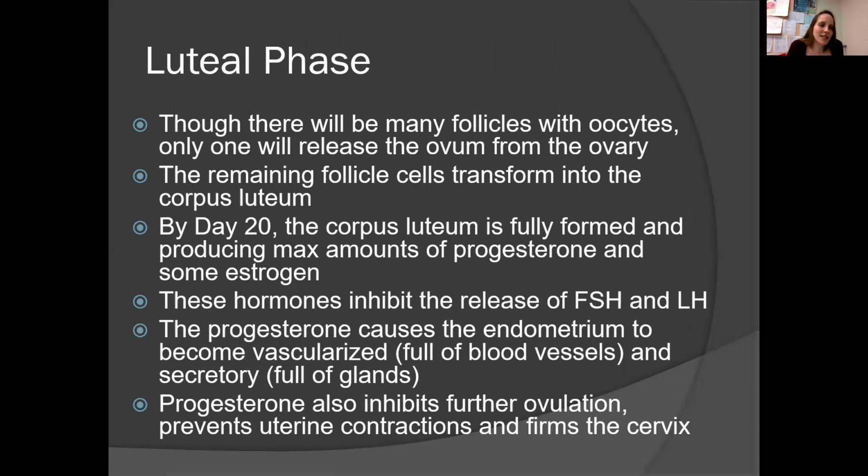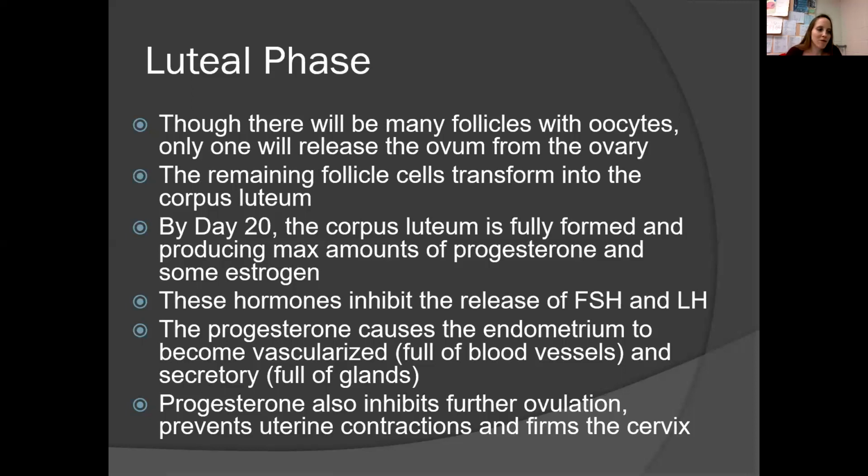At this point, you've just had ovulation happen, the egg has left the ovary, and the follicle that was surrounding the egg is left behind. It's still in the ovary. And so that remaining area of follicle, all of those follicle cells that are left behind, develop into something called the corpus luteum.